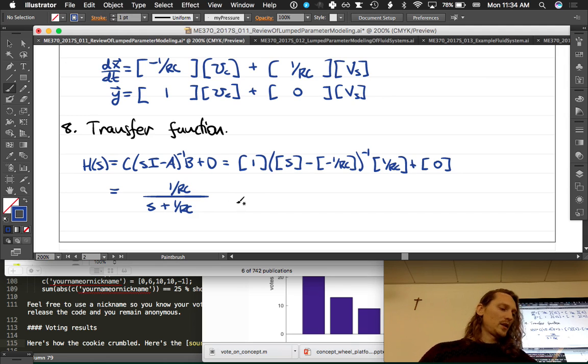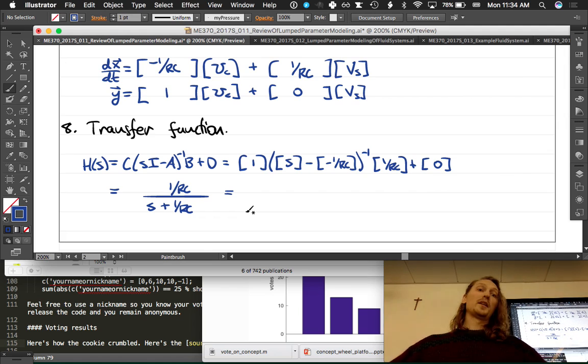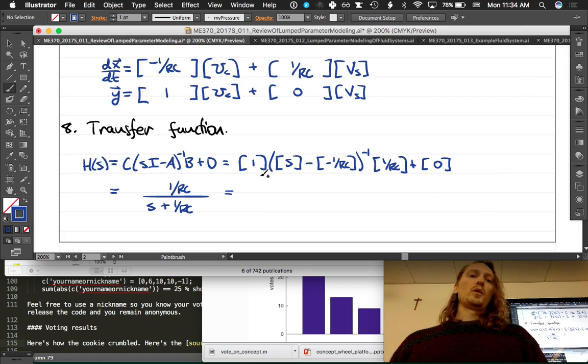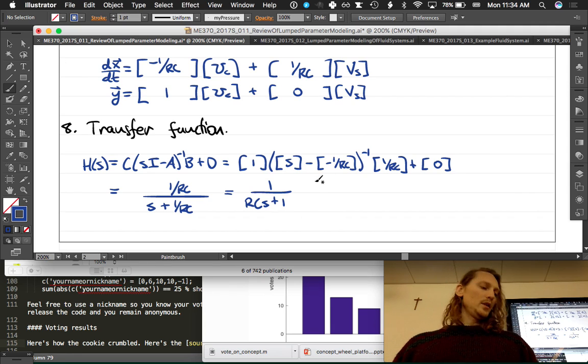Anything else? Did I miss anything? Of course not. So, to simplify this, we can just multiply the numerator and the denominator by RC, and we would get 1 over RCs plus 1.